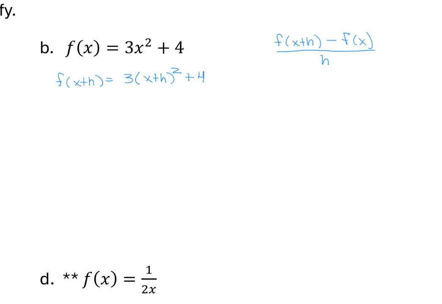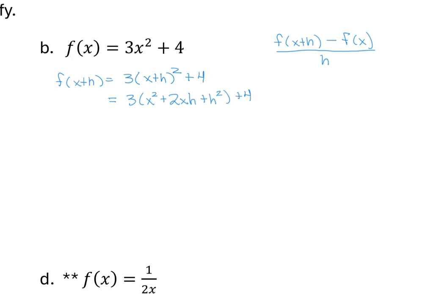Now, if you've taken my previous math classes or if you've watched my videos before, remember I don't like memorizing formulas. But right now it's a good time to remember what a binomial squared is equal to. So x plus h squared is equal to 3 times x squared plus 2xh plus h squared.